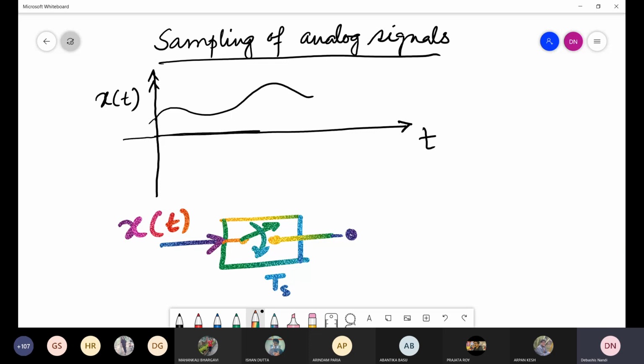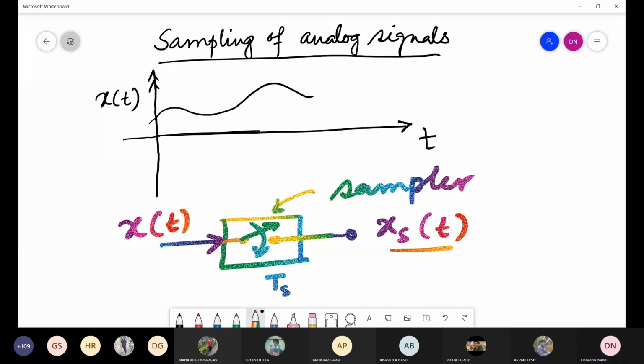Then at the output, you will get some sampled signal xs(t). This device I have shown here in block diagram form is actually called a sampler. Here the sampling frequency is denoted by Fs, and it is the reciprocal of the sampling time interval Ts.